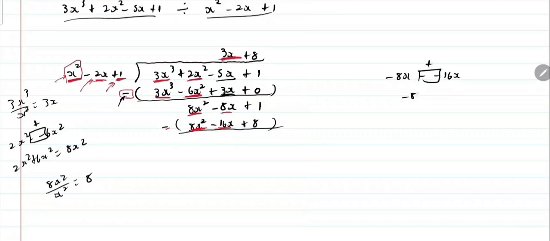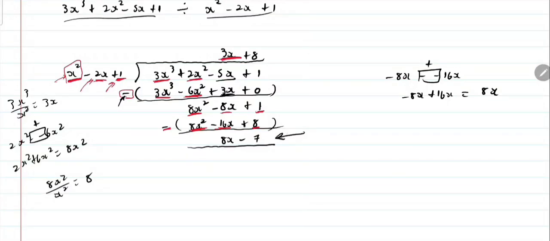So this is the same as minus 8x plus 16x, which we know is equal to 8x. All right, this is 8x here. 1 minus 8 is going to be what? Minus 7.